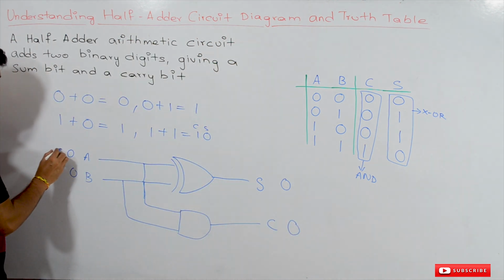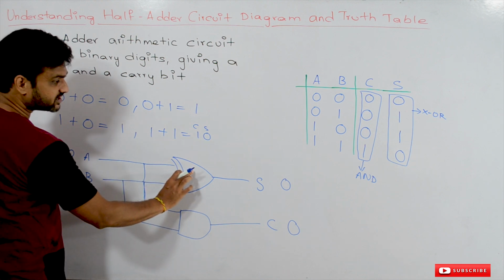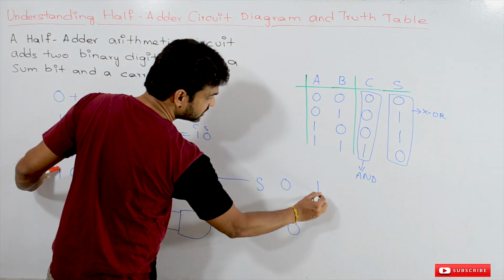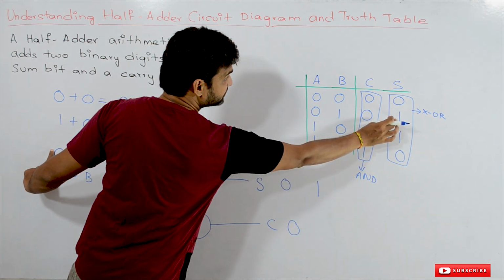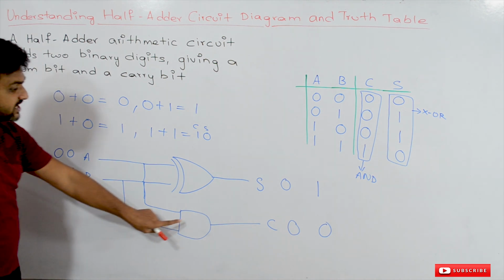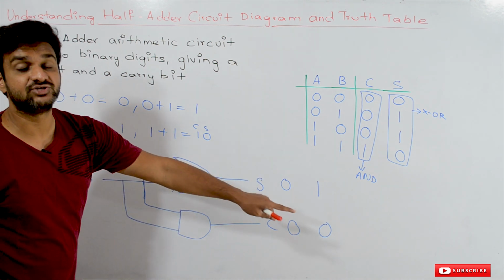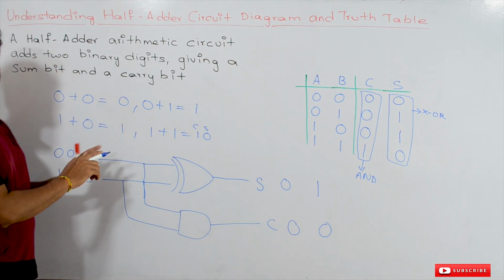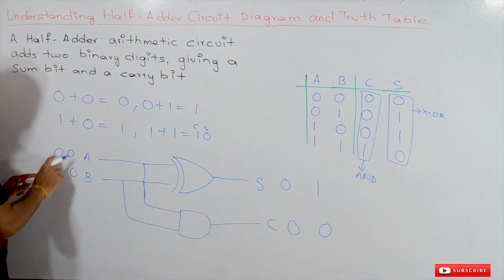For example, if the input is 0 1, the XOR gate is going to produce an output of 1. So the sum is going to be 1, and the AND gate will produce an output of 0, so the carry is 0.